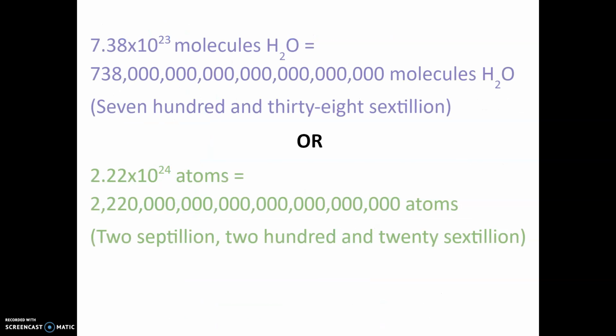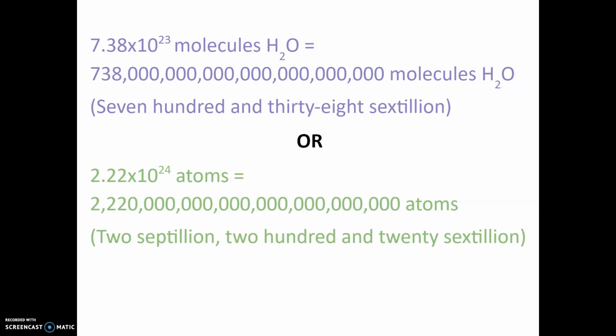And so if we want to be able to write these out, scientific notation says you're just going to move the decimal place to the right if it's a positive exponent, to the left if it's a negative exponent. So if we have 7.38 times 10 to the 23rd molecules, that results in a lot of zeros.